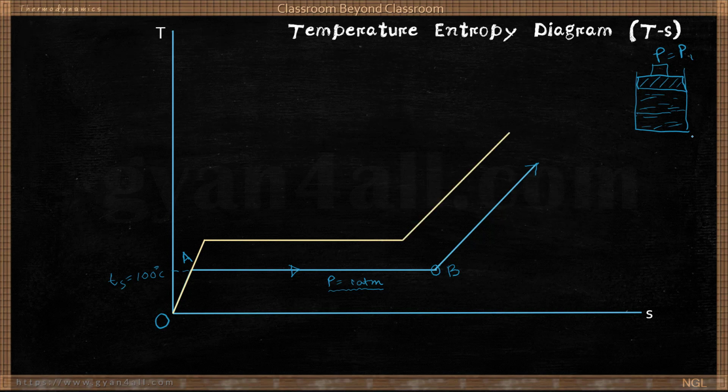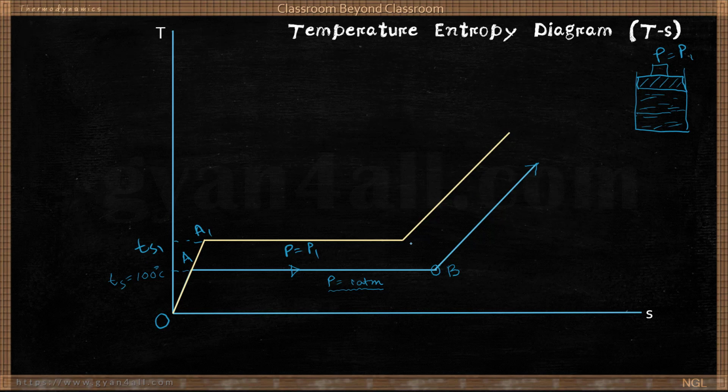This line is for P equal to P1, and the increase of temperature will be OA1. At this point, this is Ts1, that means the saturation temperature of water at P1 pressure.